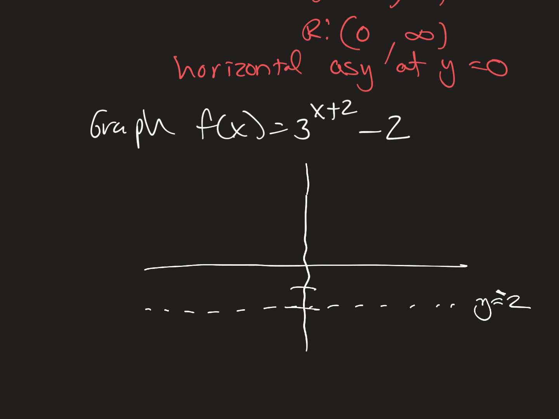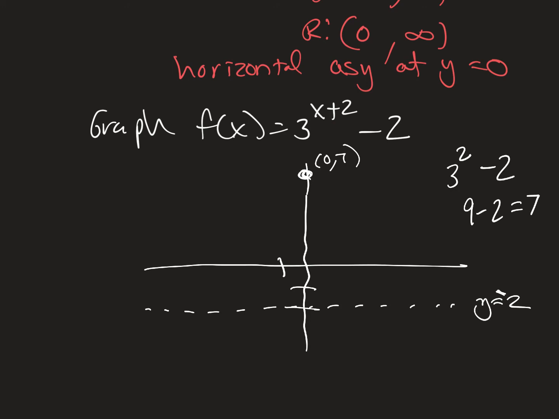So pick some helpful points here. If I plug in, for example, 0, in order to find the y-intercept, I'm going to get 3 squared minus 2, or 9 minus 2, which is 7. So I've got (0, 7) as one of my points. Well, what about if I plugged in something like -1?